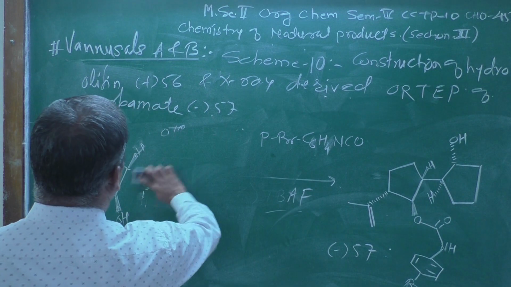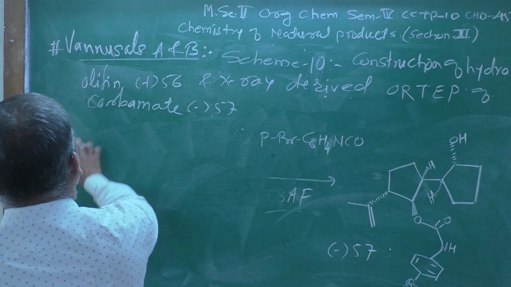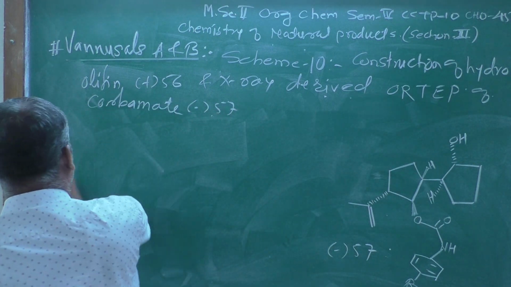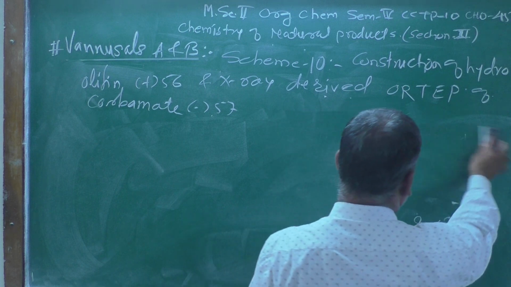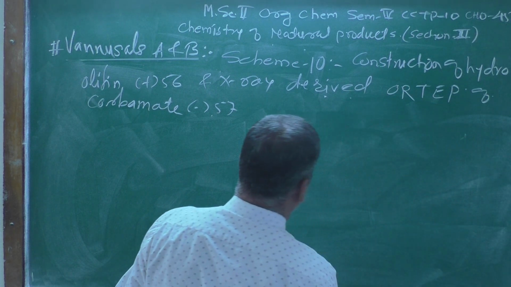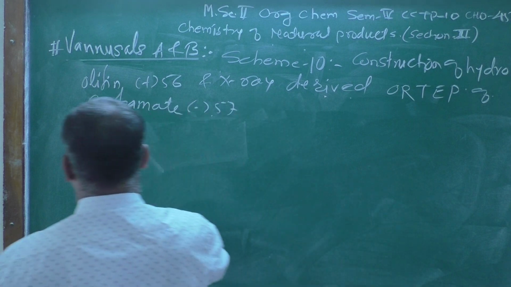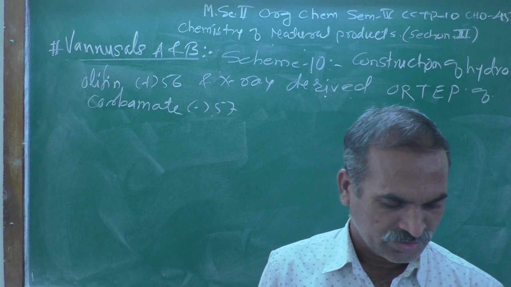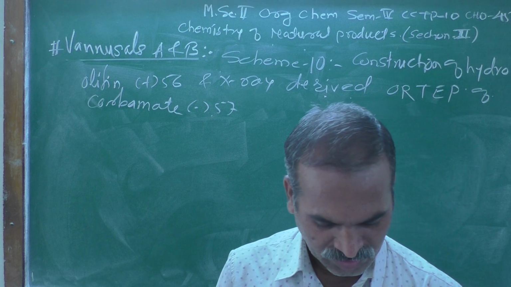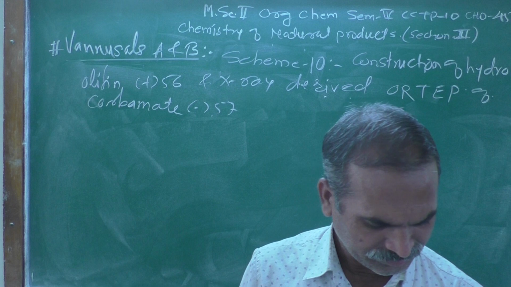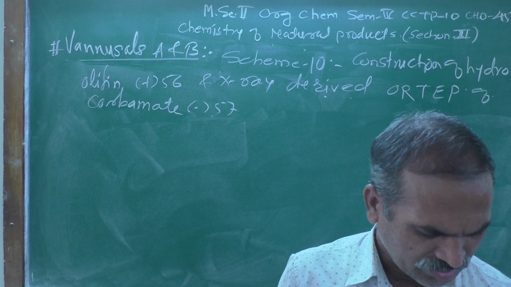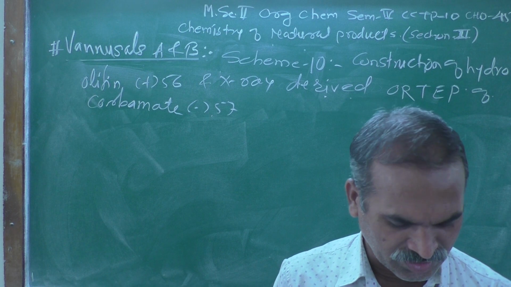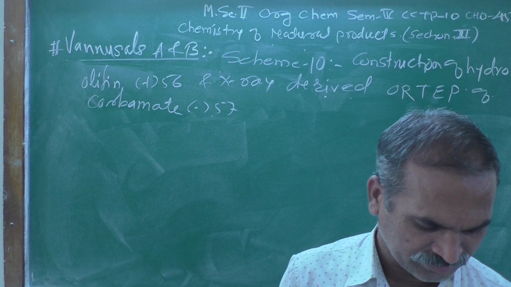And after that we will see what the reagents used for scheme number 10 are in detail, after discussing that reagents, the use of reagent and the conditions, which is the point we are discussing.